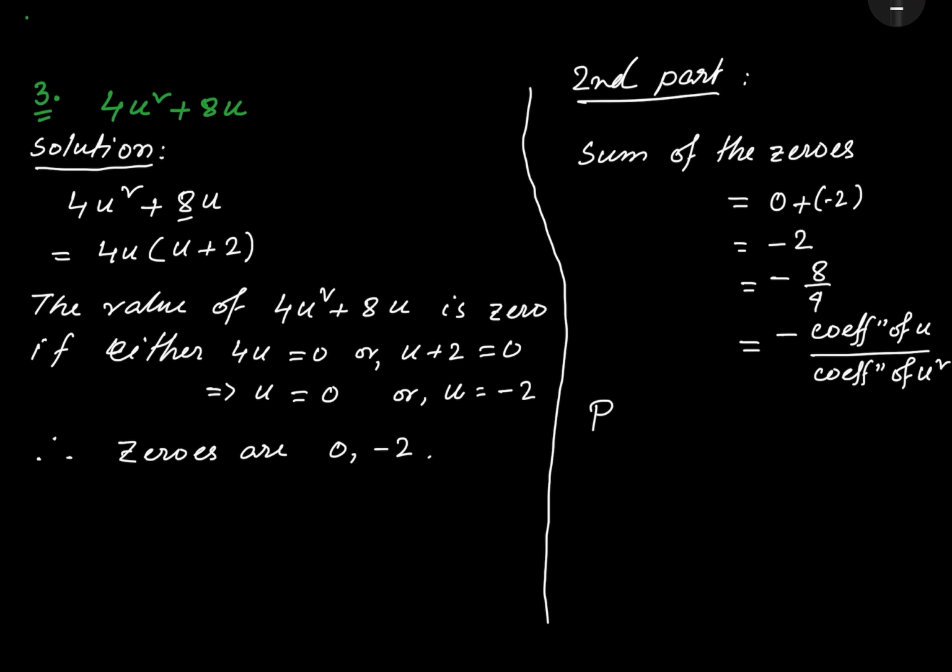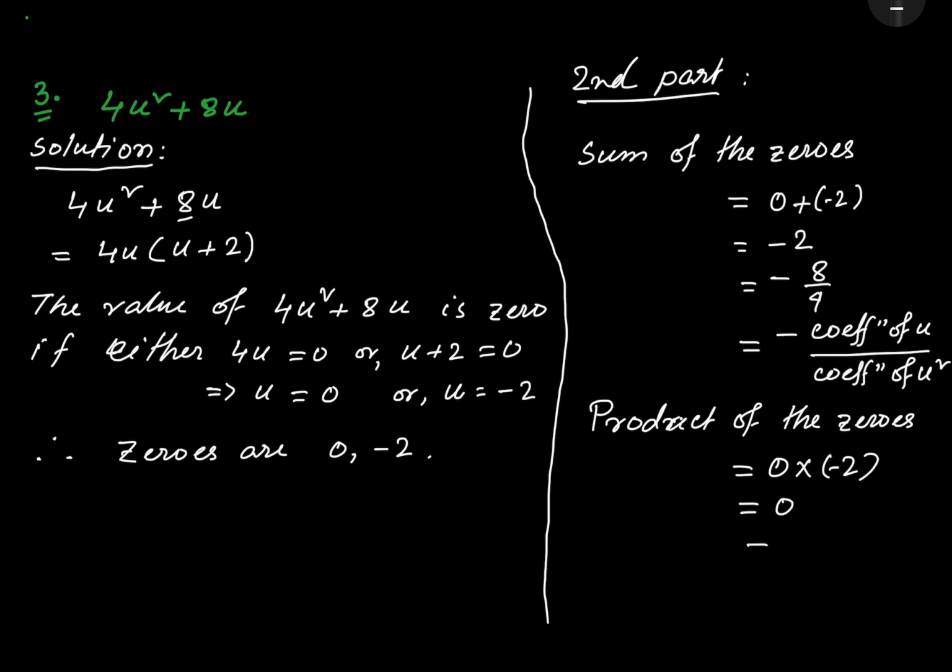Similarly, product of the zeros. One zero is 0, another zero is minus 2. So 0 into minus 2 is 0.